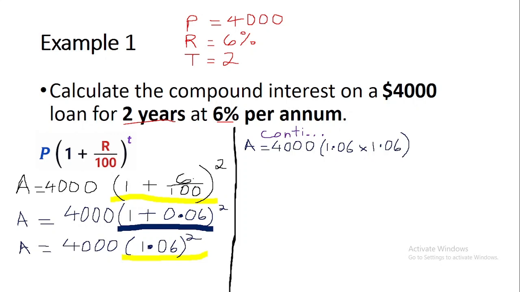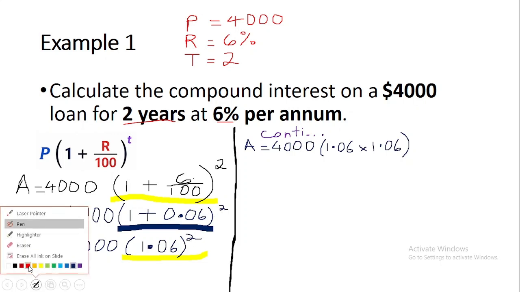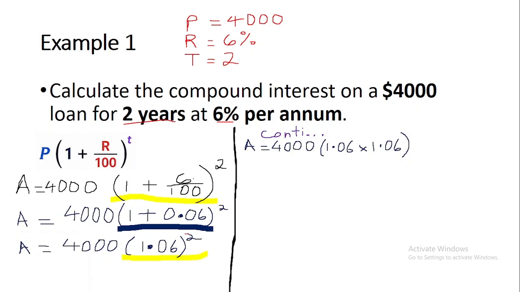So why do I have 1.06 times 1.06? I have it 2 times because this number right here is being squared. That means that it is raised to the power of 2. So this 2 right here, which would be the time for 2 years, means that it is squared. Anything squared means that the number will multiply by itself 2 times.